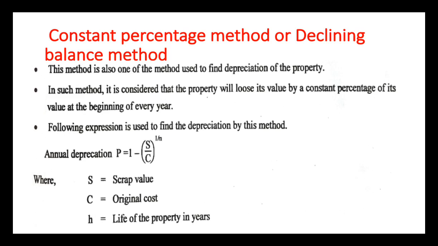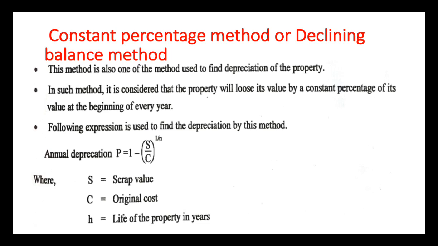So depreciation is calculated with the following formula: annual depreciation P is equal to 1 minus (S upon C) raised to 1 upon N. S is the scrap value of the property, C is the original cost, and N is the life of the property in years.